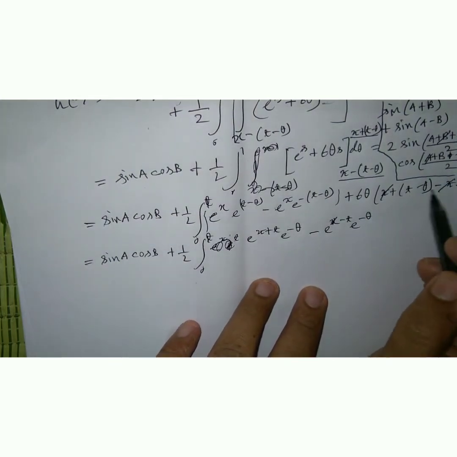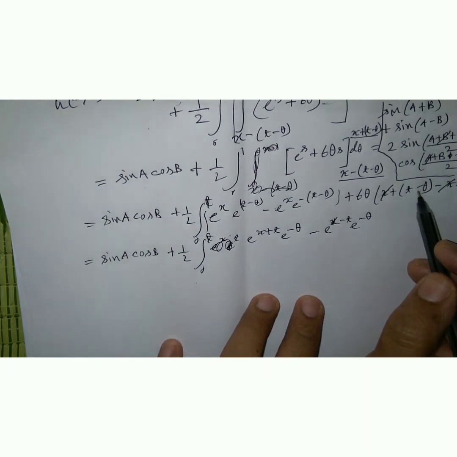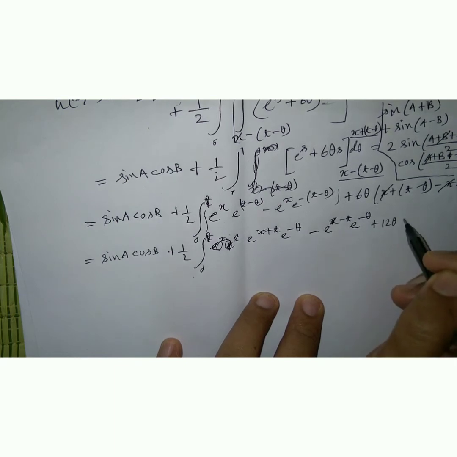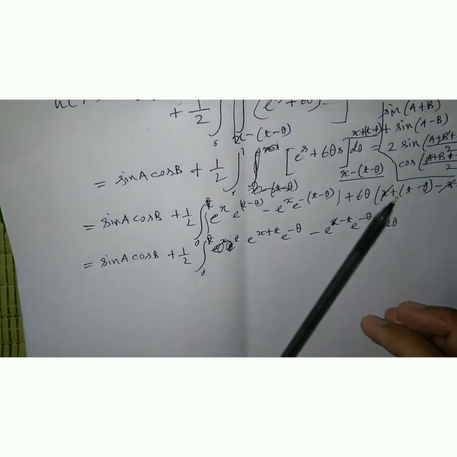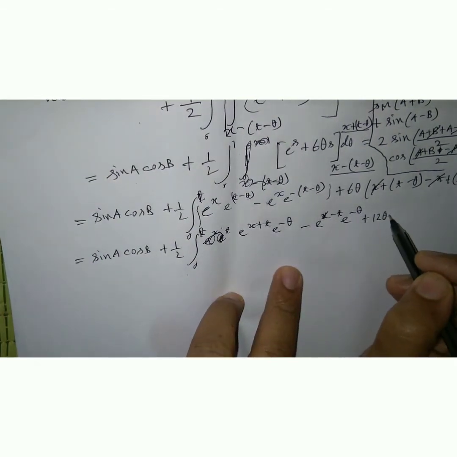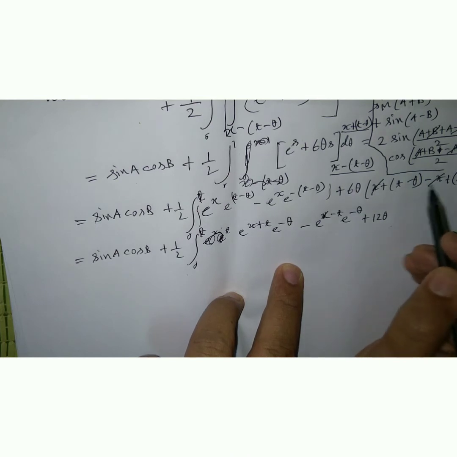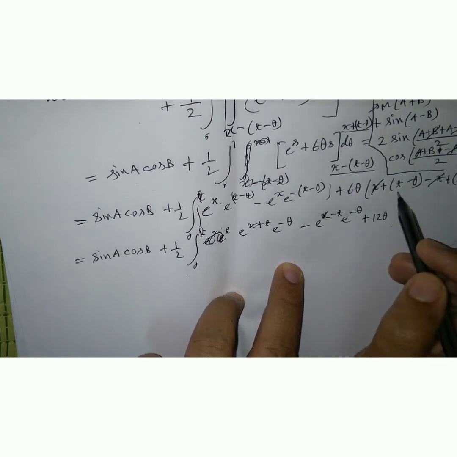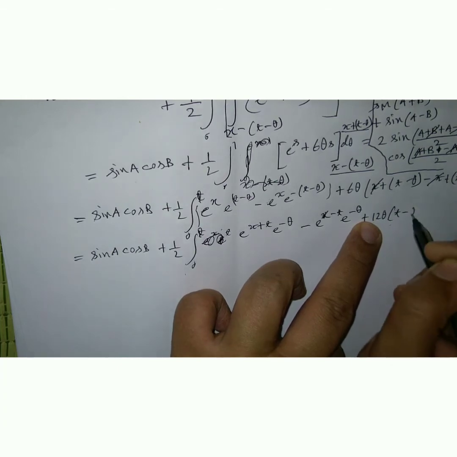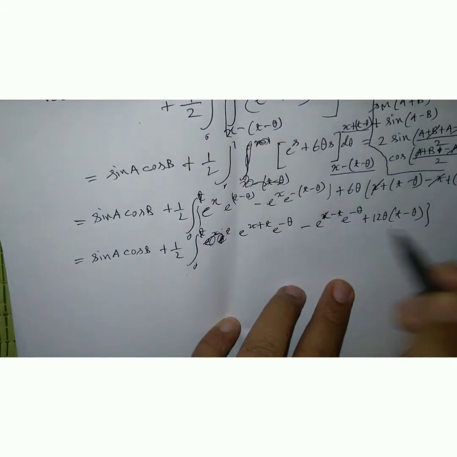And here I have to pay attention: 12 theta e to the power x minus t into e to the power minus theta, and multiplying 12 into (t minus theta), this is the value.